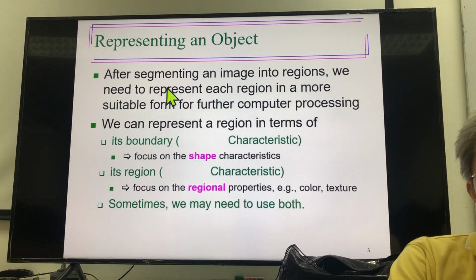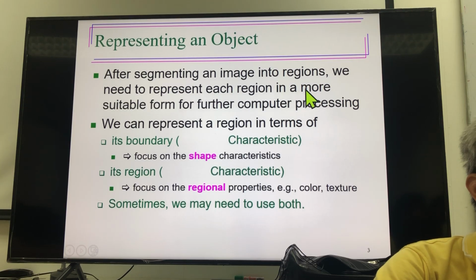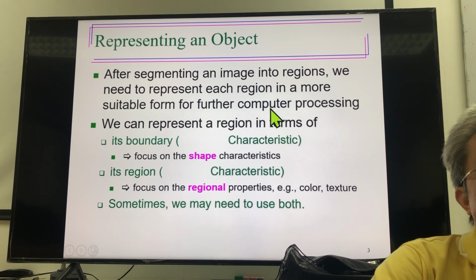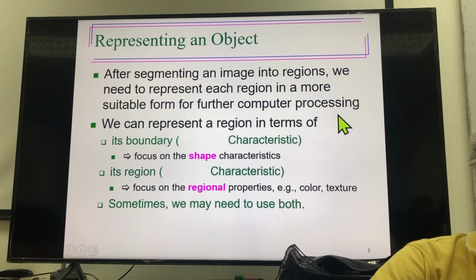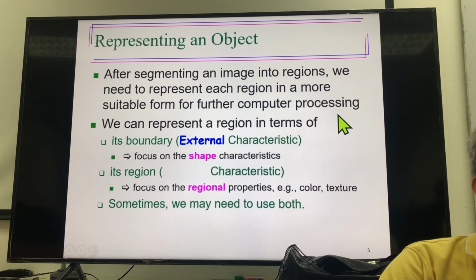representing an object. After segmenting an image into regions, the objects and the background, we need to represent each region in a more suitable way for further computer processing. We can represent the regions in terms of the boundary, sometimes called the external characteristics.